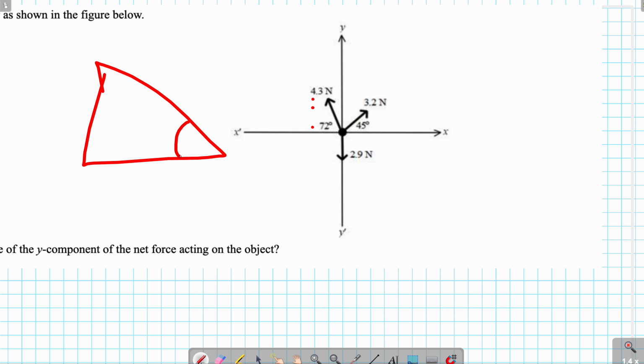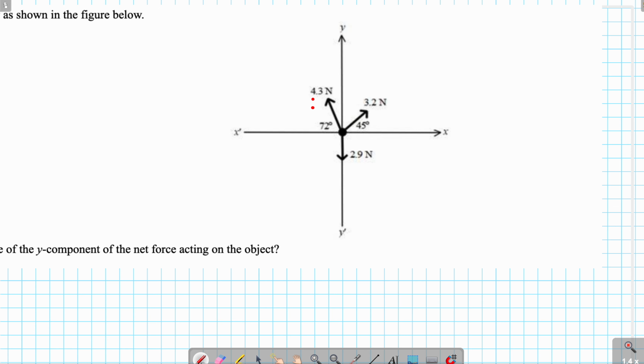Let's say this is 72. We're talking about the 4.3 newtons, right? So 7.2, and they want the y component, so it will be vertical, opposite to the angle, which means it's sine.